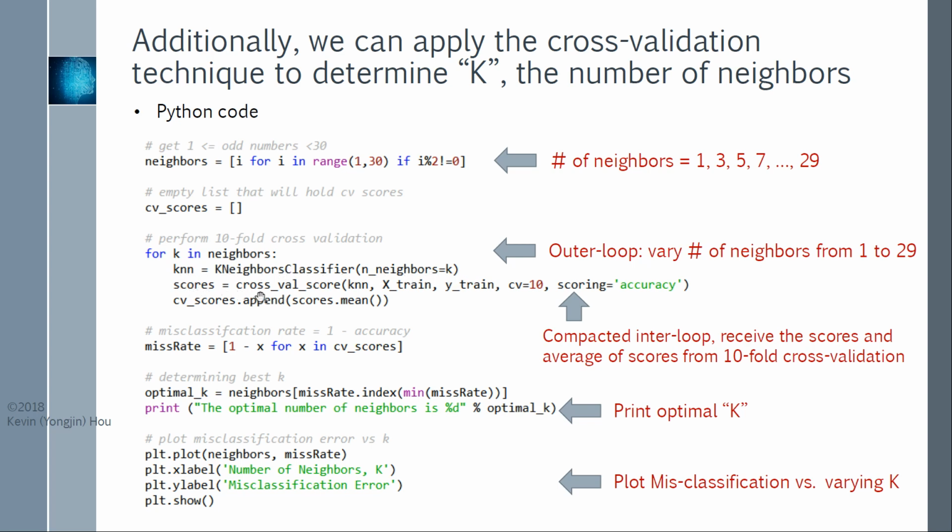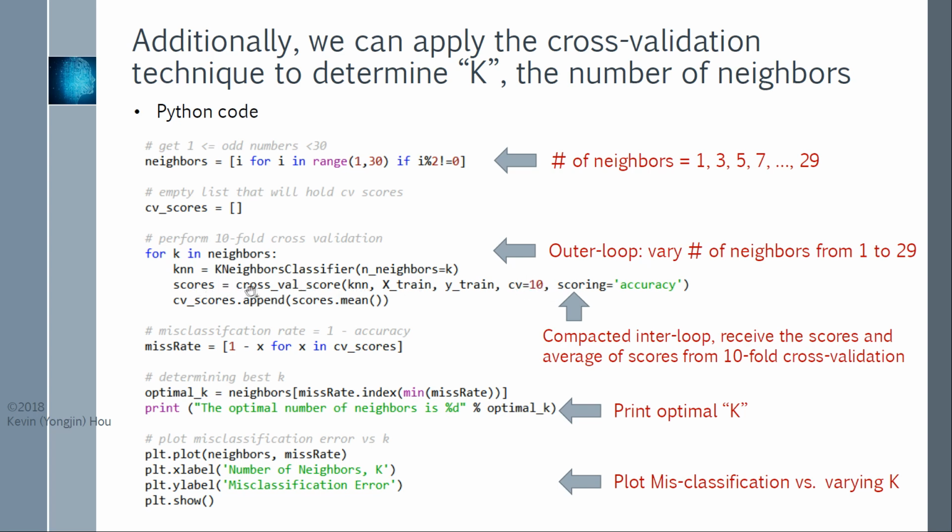And then we use the Scikit-learn built-in cross-validation function, which is kind of a compacted loop. It will loop through our training data in tenfold. Every fold, 9 out of 10 go into the training, 1 out of 10 goes to the validation, and the data rotates.